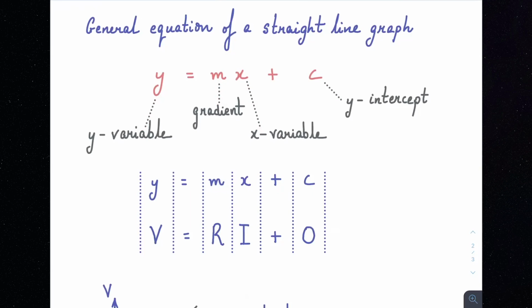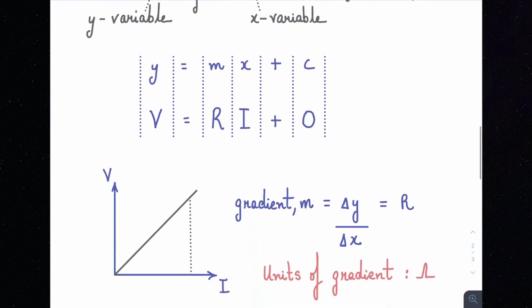Well, the advantage of doing this is that by comparing to the general equation, we can conclude that a graph of voltage on the y-axis against current on the x-axis will first of all be linear with a gradient equivalent to the resistance, capital R, and the y-intercept, which is 0, showing that the graph should pass through the origin.